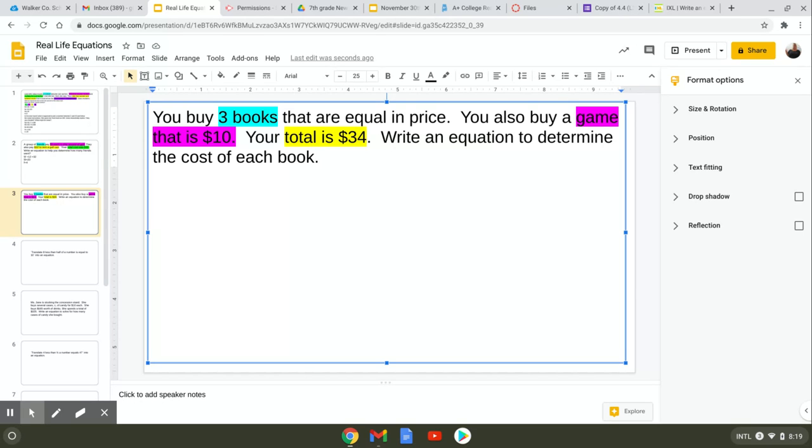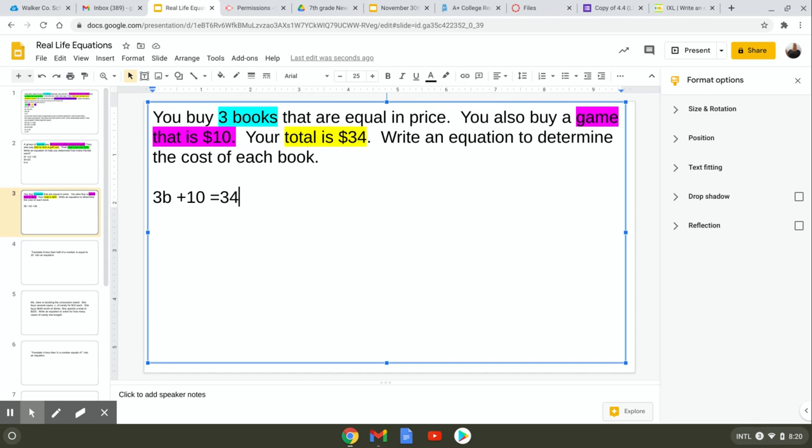Remember, we're going to use B to represent books. Okay, so I hope you wrote 3B. And we see that we bought a game, so that would be plus 10. And we see that our total was $34. So I hope you wrote 3b plus 10 equals 34.